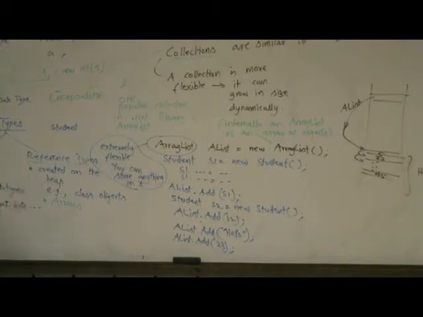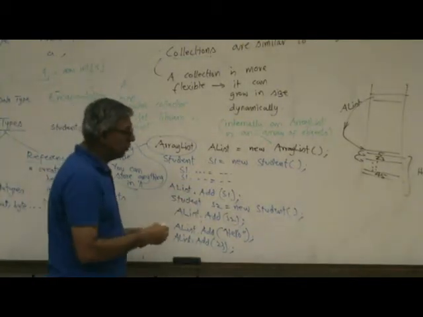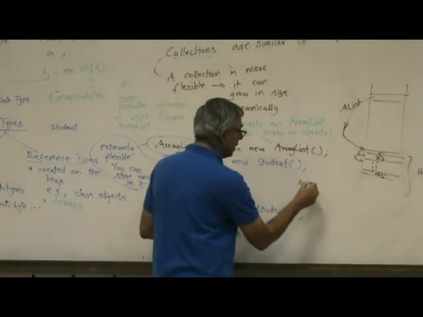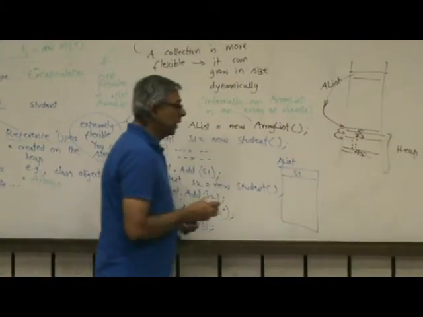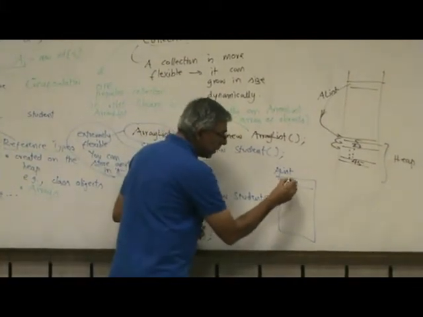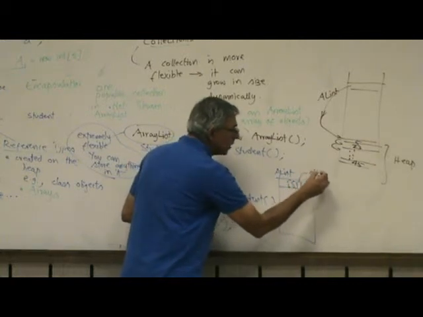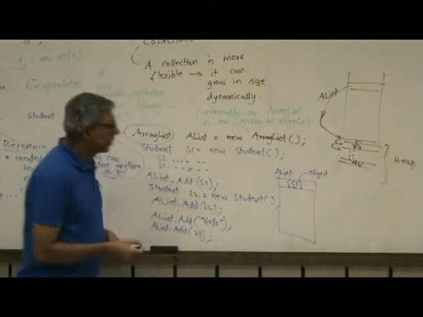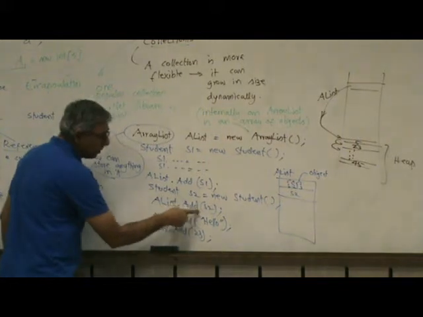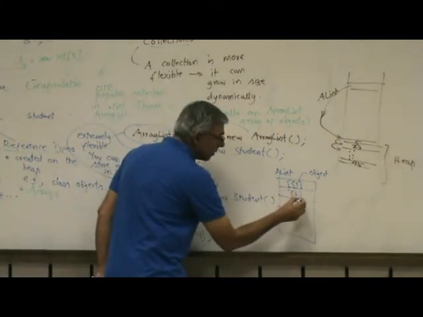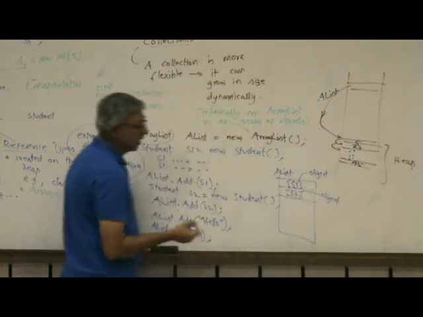So for everything that it stores, for example, if this is our AList in the memory, once we store s1, it puts a wrapper, or a box, around it and converts it to an object. The same way, when s2 is added to the ArrayList, a box is created around it and it converts the student into an object.